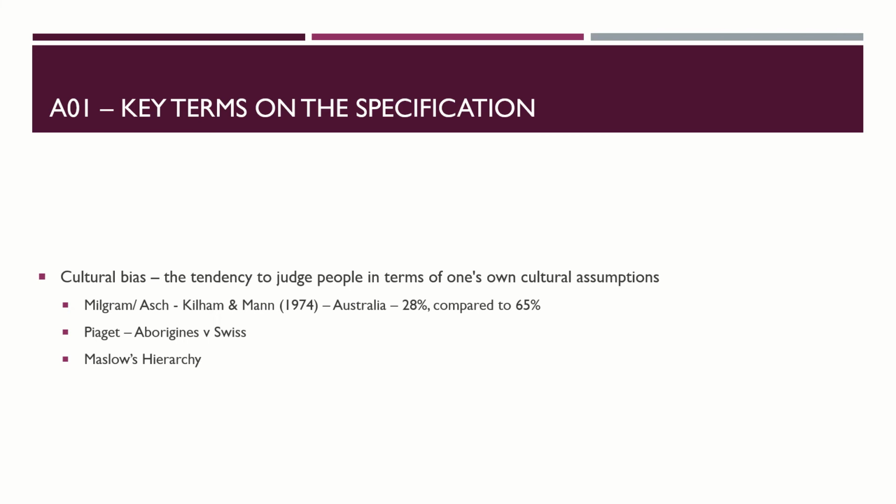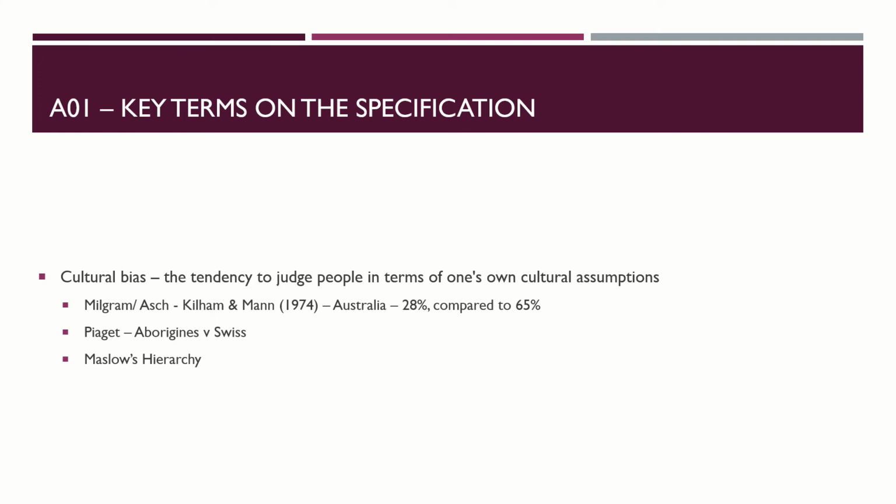Of course Aborigines, a lot of their language and the way that they speak is very much based on direction and a spatial awareness of where they are, in a way that maybe it isn't in Swiss and other European cultures. And also things like conservation aren't as important, so those concrete concepts about certain objects aren't as important either.